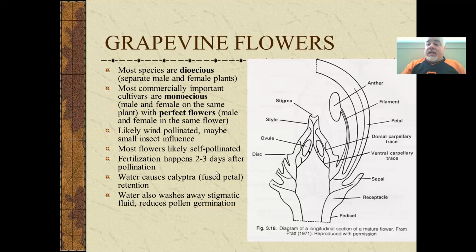After pollination, step one, the pollen from anther to stigma, it takes about 2 to 3 days for fertilization, because inside of every pollen grain is 2 sperm cells. And so there's a double fertilization. You could look it up.